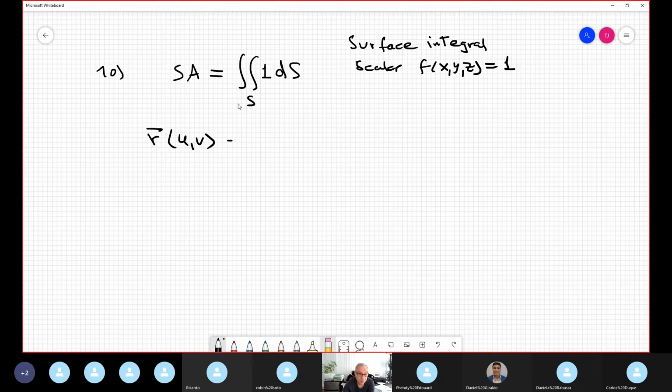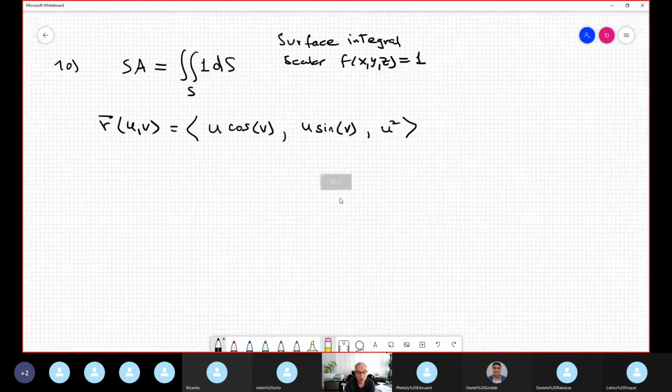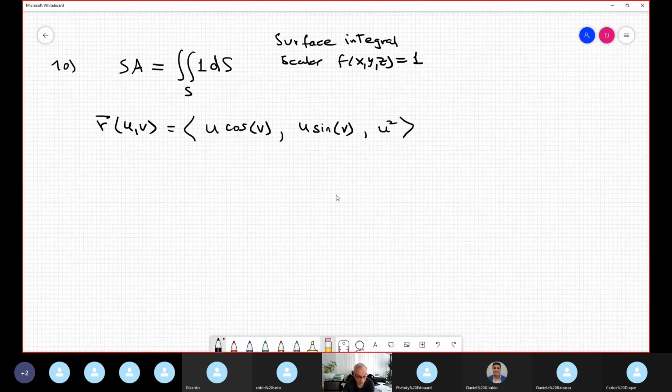It's given by (u cosine v, u sine v, u squared). And of course, the domain of the variables u, v: u is between 0 and 1, and v is between 0 and pi.